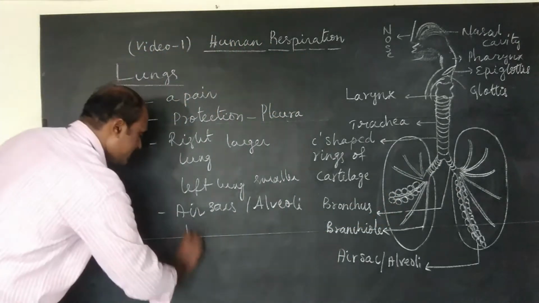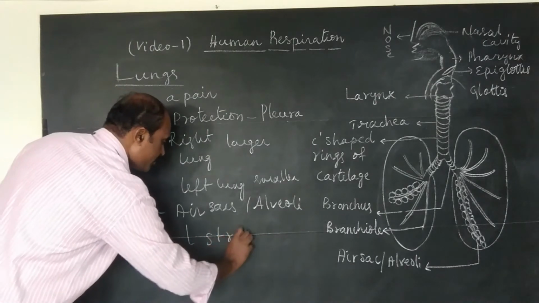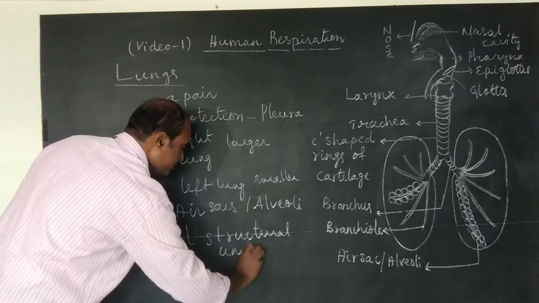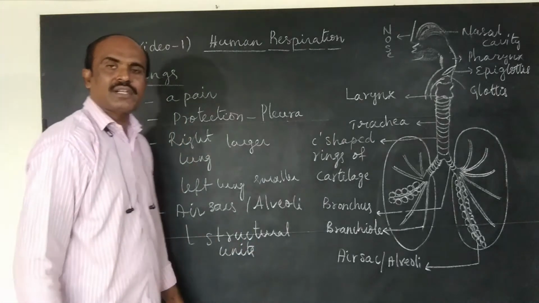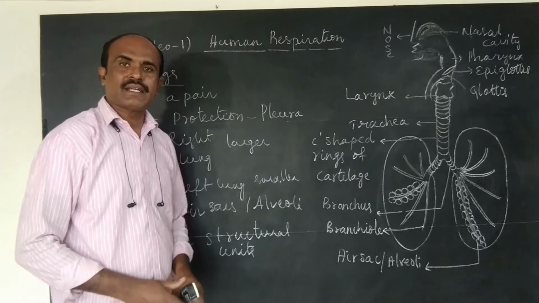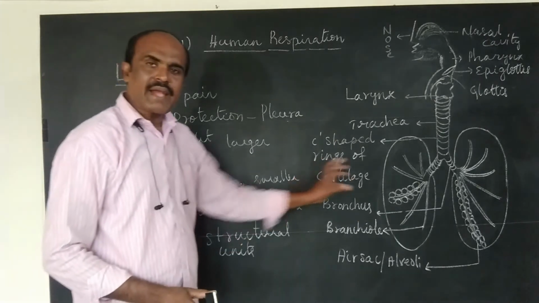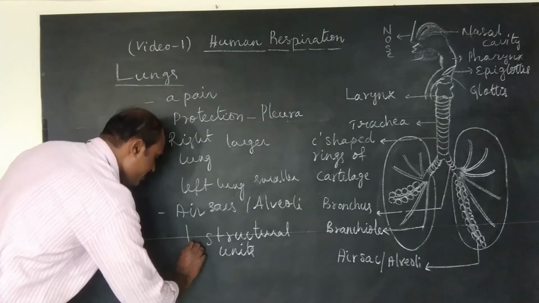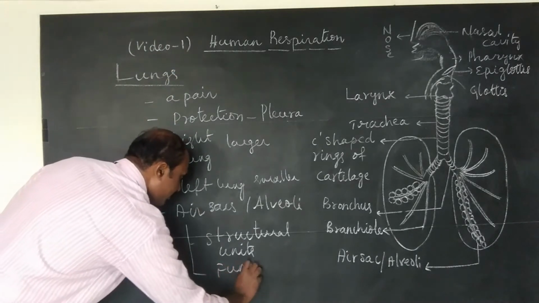Air sacs are structural units of lungs. Why are they called structural units? Because alveoli make the structure of lungs. Then alveoli are functional units of lungs.